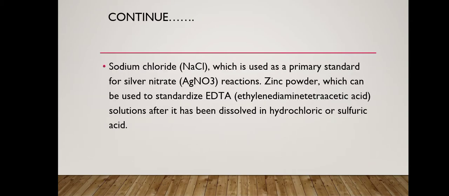Because sodium chloride is used as a primary standard for silver nitrate, AgNO3, reactions. Zinc powder can be used to standardize EDTA, ethylenediaminetetraacetic acid, solution after it has been dissolved in hydrochloric or sulfuric acid, H2SO4.